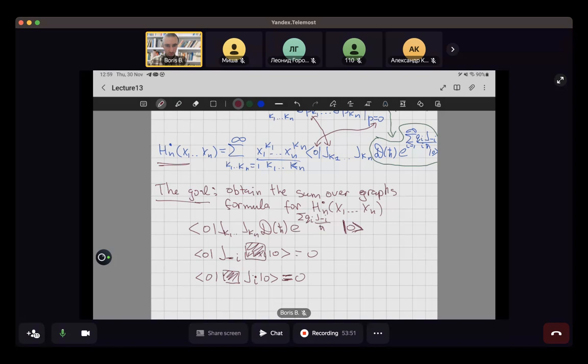It's more or less an immediate corollary of the definition of E operators, of the star definition.